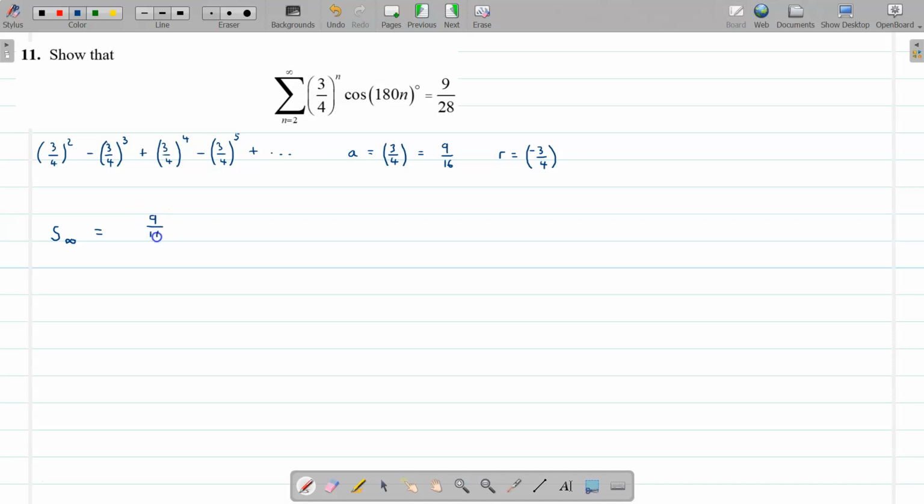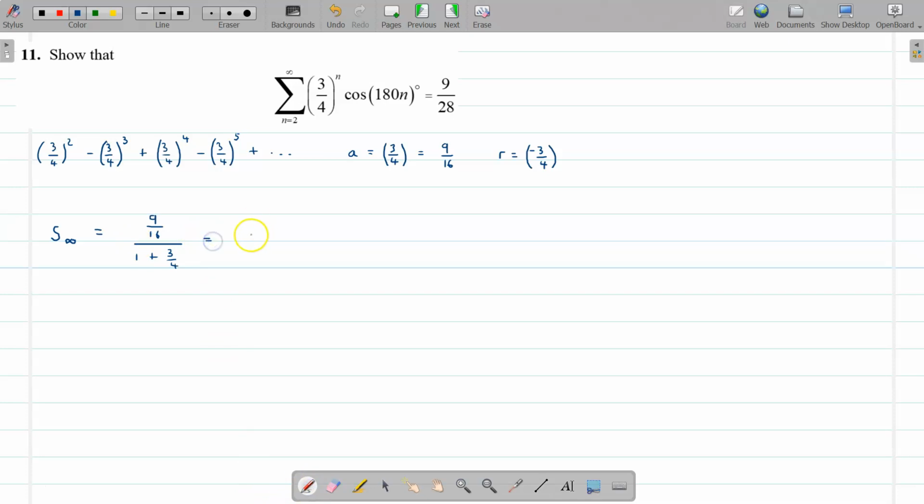Okay, that's my first term, over 1 minus 3/4. So it's 1 plus 3/4. Okay, and then you just evaluate that, and I'll show the steps, but it's fairly easy to see.